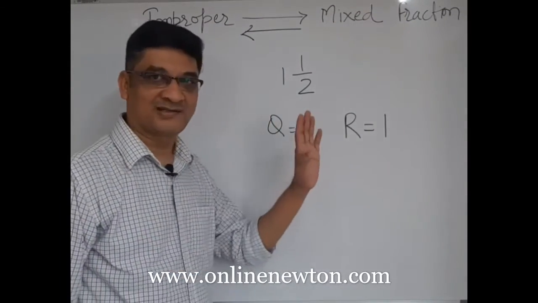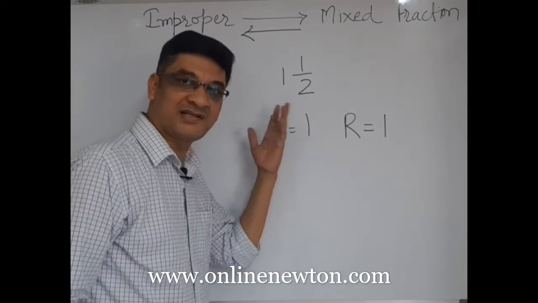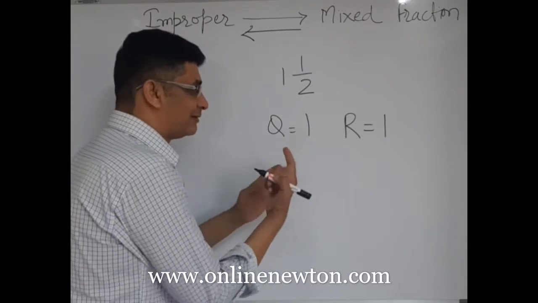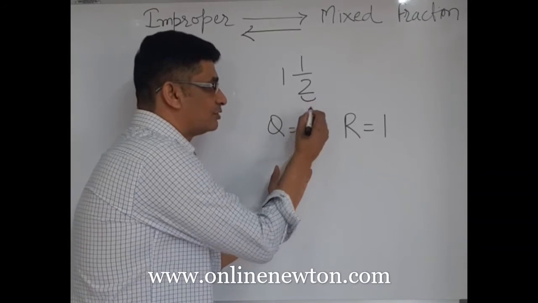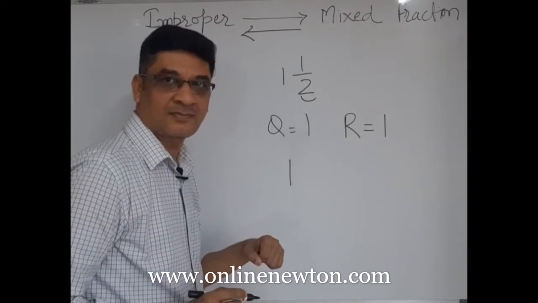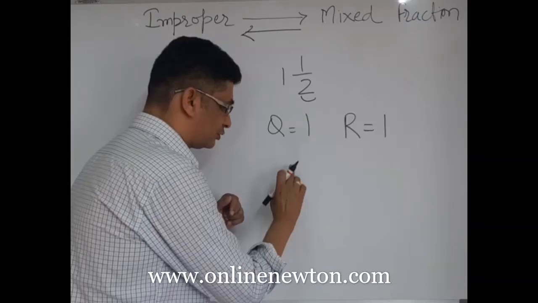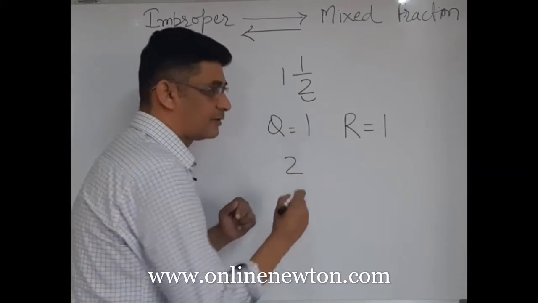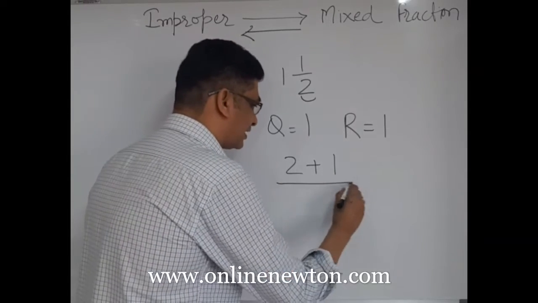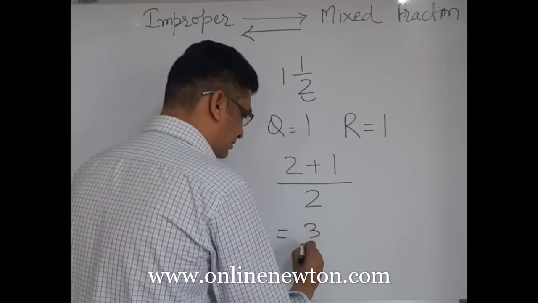So when we have to convert it into an improper fraction, what we'll do is multiply this 2 with this quotient 1. So 2 into 1 we'll get 2, plus the remainder, which is 1, and this full thing divided by 2. This is equal to 3 by 2.